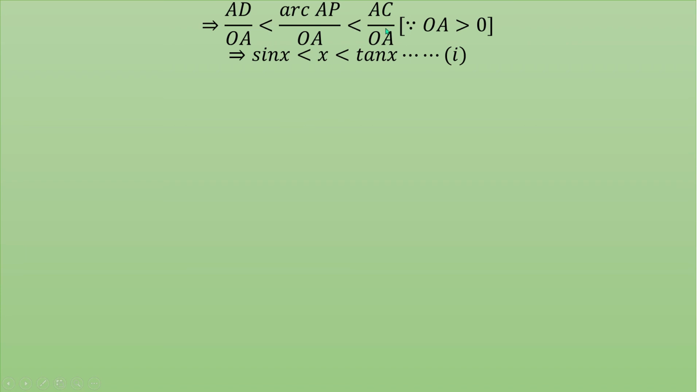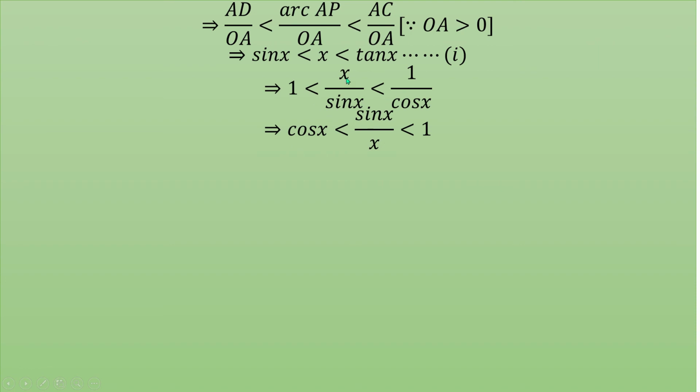AC by OA, perpendicular divided by base, equals tan x. Now divide both sides by sin x. As a result, we get 1 less than x by sin x less than 1 by cos x, since dividing tan x by sin x gives 1 divided by cos x.